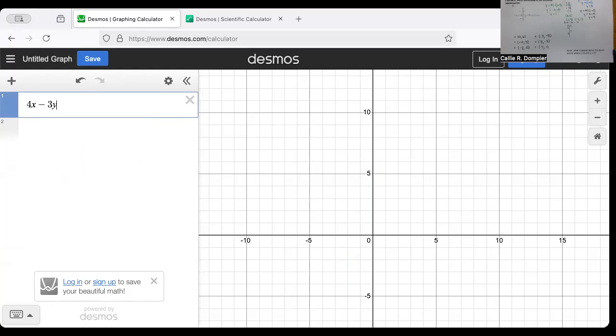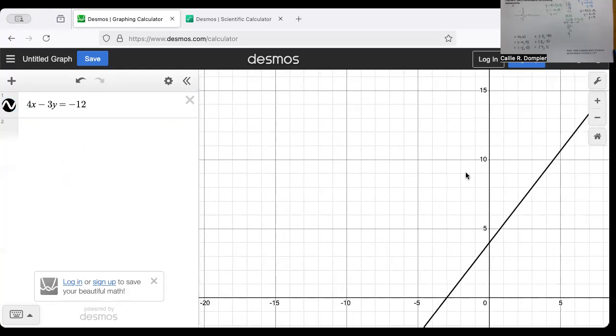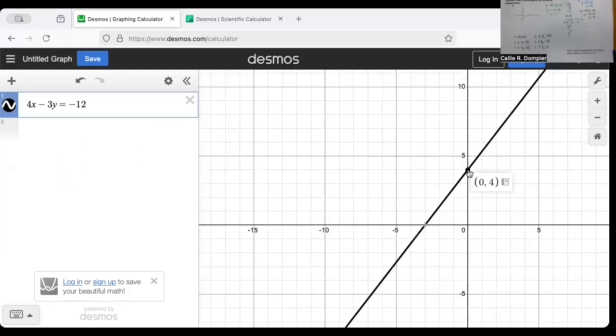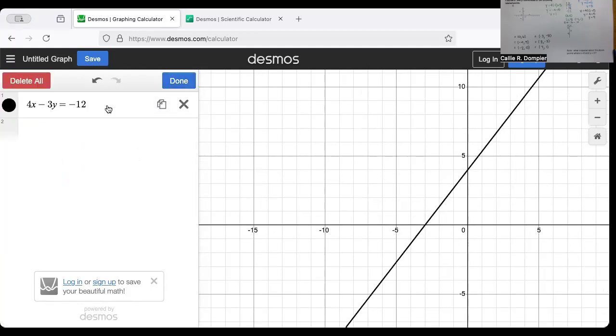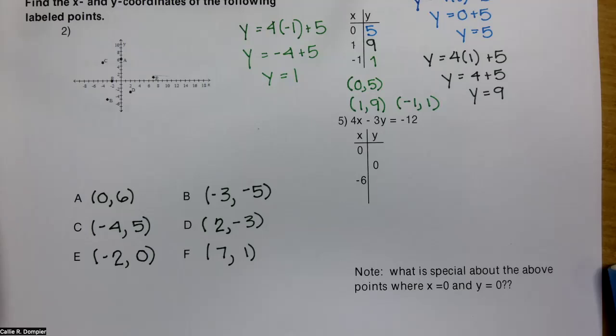It will still give us some points like (0, 4) and (-3, 0). But if we ask it to make a table, it won't do that because it's not set equal to y, okay? You are welcome to set it equal to y by solving for y to get that table if you ever need it in Desmos.